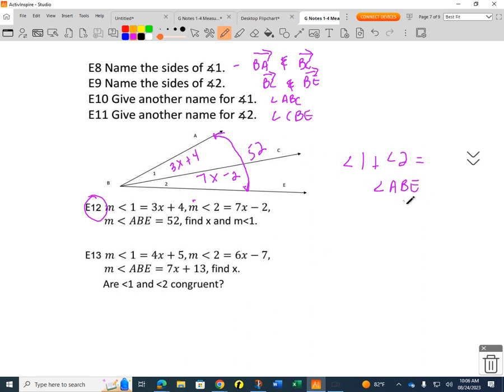So guess what? Now we have an equation that we can write, right? So now we can solve for x, and then we can find out what the measure of angle 1 is, how many degrees that is. So angle 1's expression is 3x plus 4, plus angle 2, which is 7x minus 2, and it equals 52.